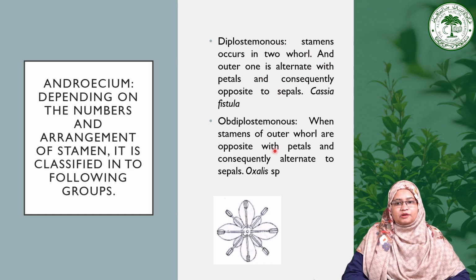While in case of diplostemonous, the outer whorl is opposite to petals, and consequently alternate to sepals, as in case of oxalis. So diplostemony is present in the oxalis.